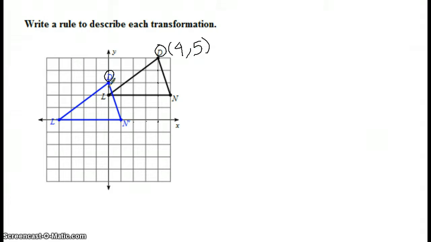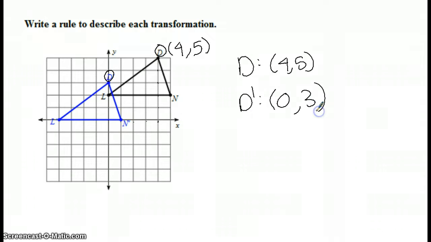I can see that D prime is located at 0, 3. I notice from here to here, I went left 4 on the x-axis. From here to here, I went down 2 on the y-axis.